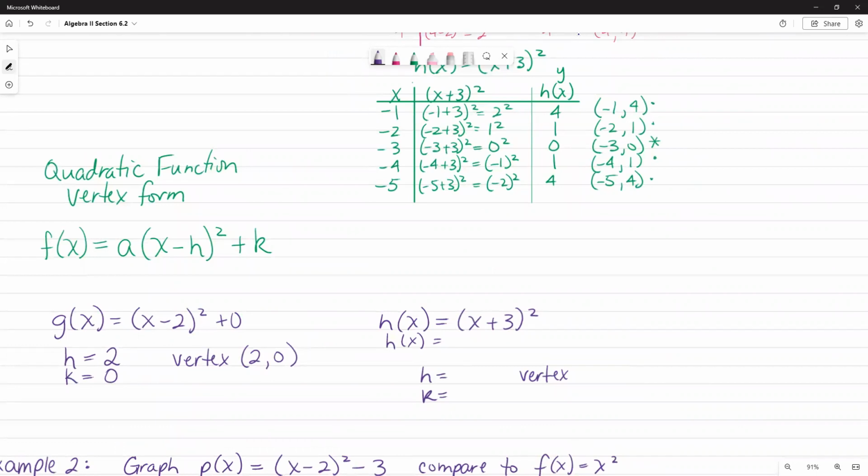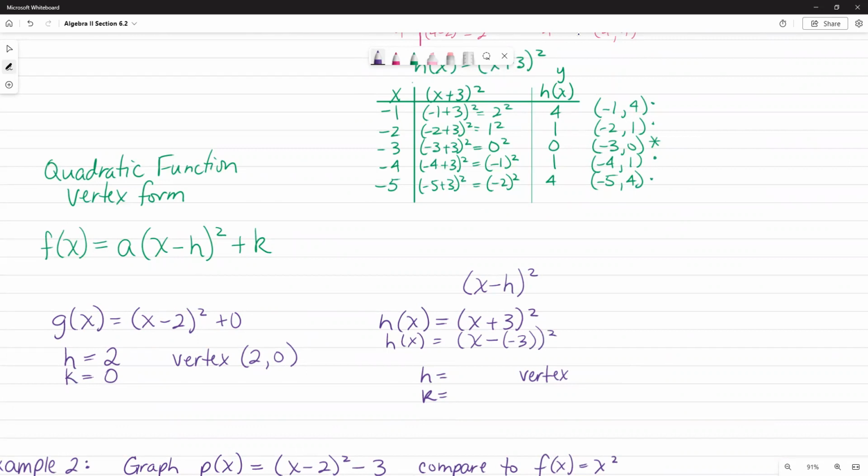If our formula here is x minus h squared, then how do I get from a subtraction to an addition? What we have to do is write this so that it includes a subtraction symbol, but it must mean plus. So that means that our h is actually a negative. And I probably should have used a bracket.